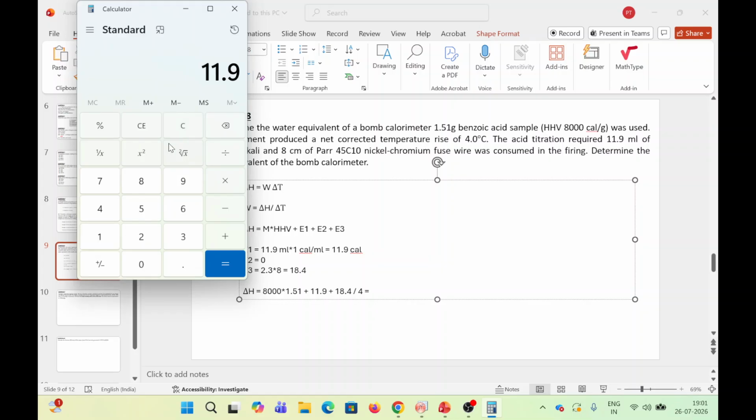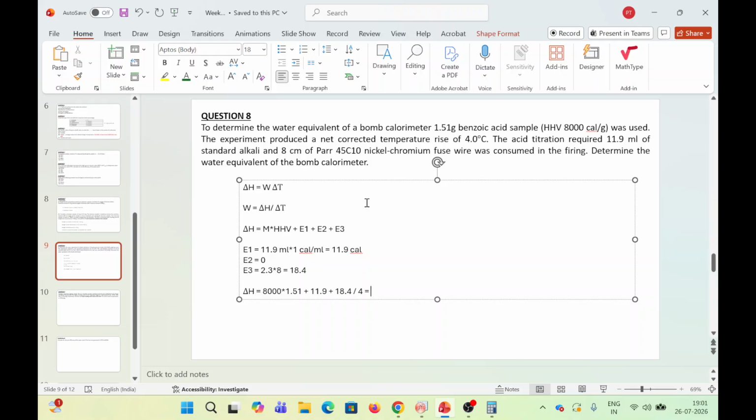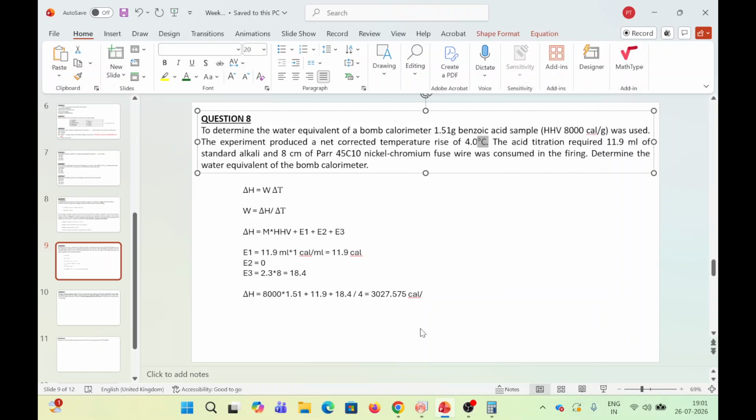Let us first calculate 1.51 times 8,000, plus 11.9, plus 18.4, the entire thing divided by 4. That gives 3027.575 calorie per degree Celsius. I'm just going to copy paste.